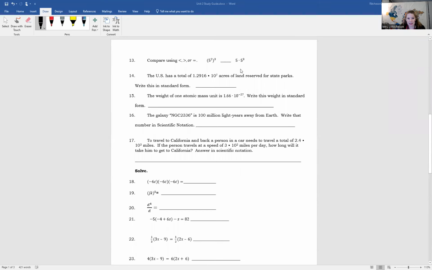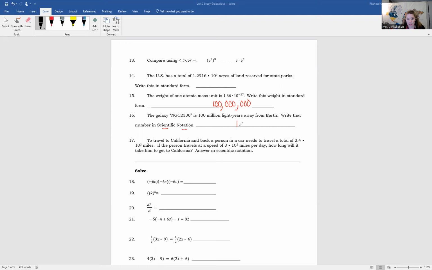All right, the next one, number 16. The galaxy is 100 million light years away from Earth. So first of all, before we write that in scientific notation, I'm going to write it in standard form. So 100 million. Do you agree? So now we're going to write that in scientific notation.